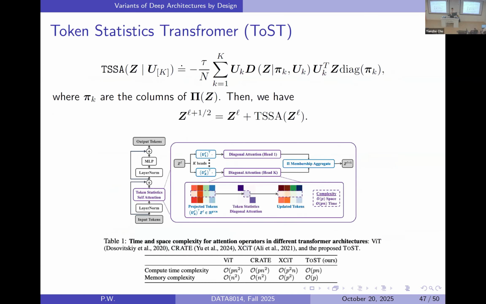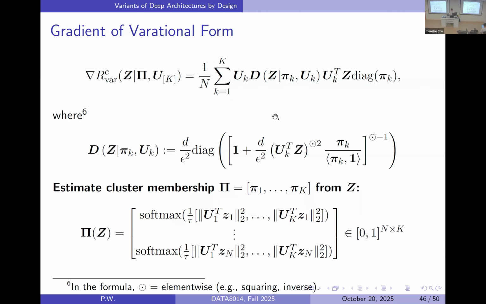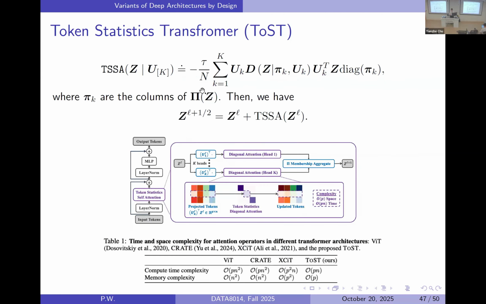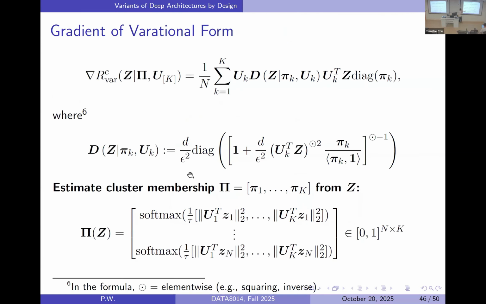Based on this step, we can further derive the token statistics transformer. The update is like subspace self-attention, but the difference is that this update comes from the gradient computation here. Then the self-subspace attention is this, but this pi k is computed by this formula, and the k denotes the k-th column.